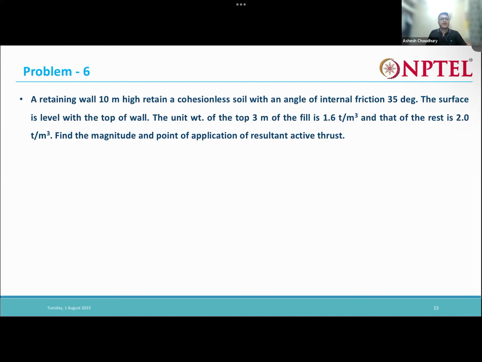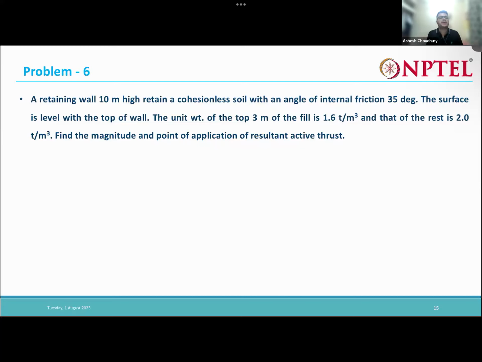And also geosynthetic materials such as geotextiles are used for drainage, to help in the drainage of water. If water is there, the active thrust increases by leaps and bounds, right? It increases significantly.